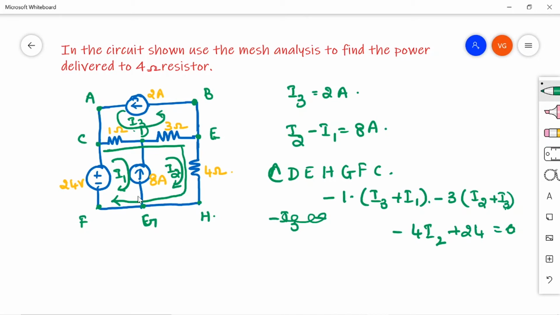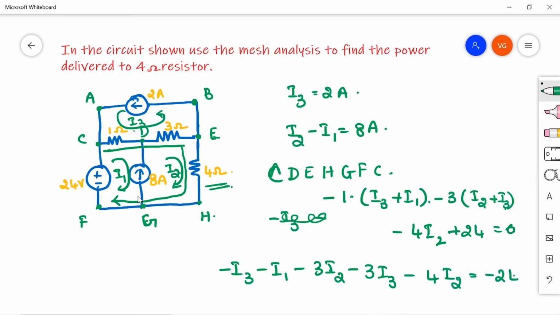Now let us simplify this. To get the current that is flowing in only the 4 ohms resistor, we need I2. So let us do that. So simplify: minus I3 minus I1 minus 3I2 minus 3I3 minus 4I2 is equal to minus 24.